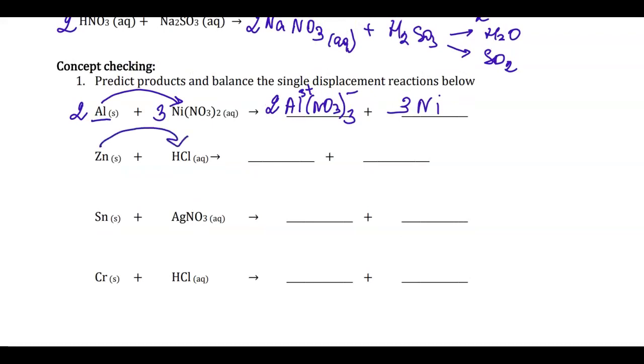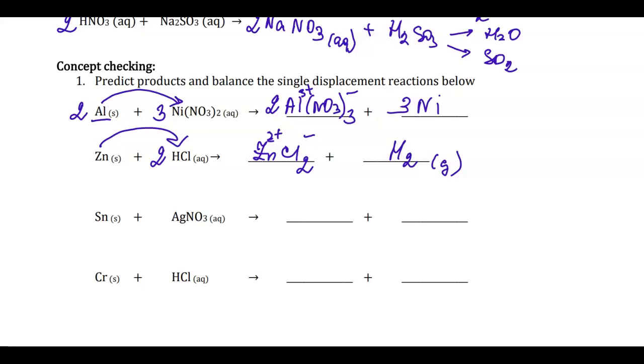So zinc Cl, zinc is charged to positive and chloride negative. So we need 2 here and H2 gas formed. And you can see 2 chlorine and 2 hydrogen. We need to put coefficient 2 in front of hydrochloric acid formula.